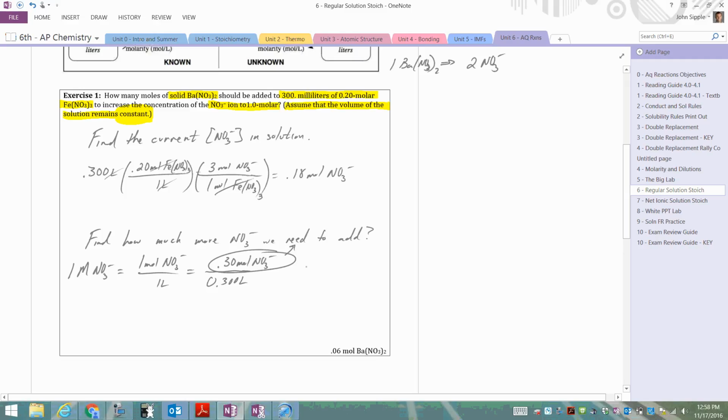That's how much we need, right? How much more do we have to add? How do we figure out how much we need to add? What do you want to do, Claire?